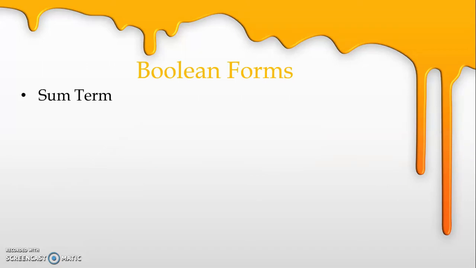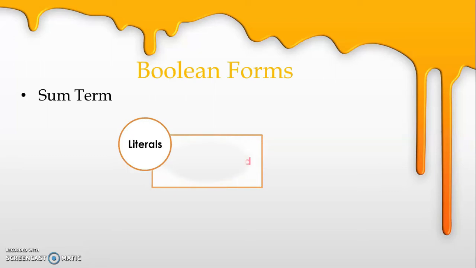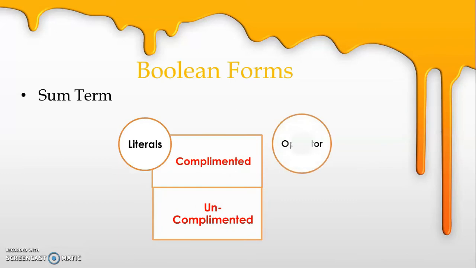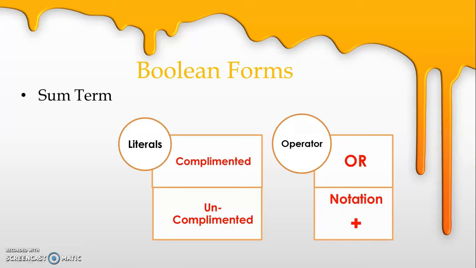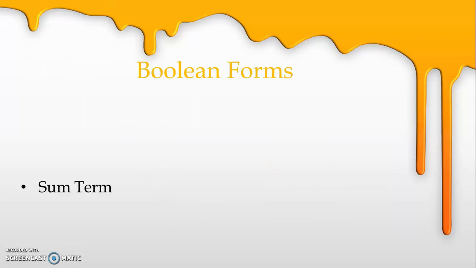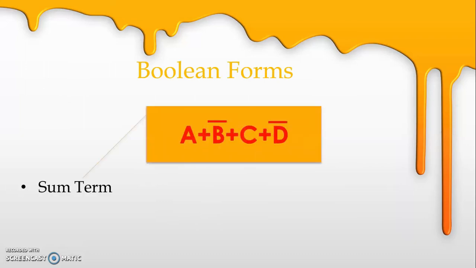In the same way, let us study the sum term. If a Boolean expression is represented in a sum term, then again we have letters either complemented or uncomplemented, and the logical operator we use to indicate a sum term is the OR operation, with the plus sign as its notation. An example of a sum term is A plus B bar plus C plus D bar.